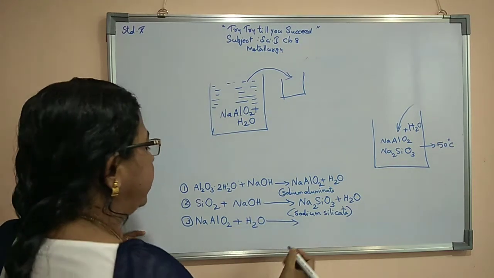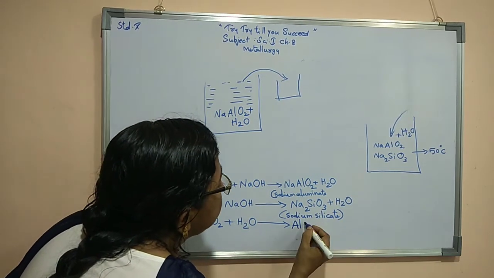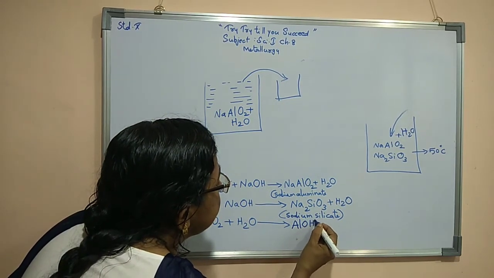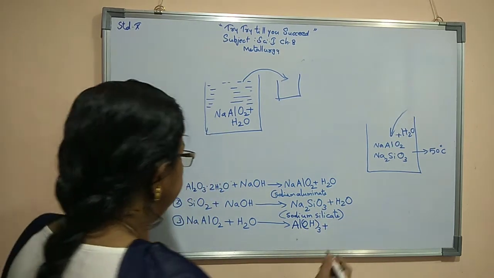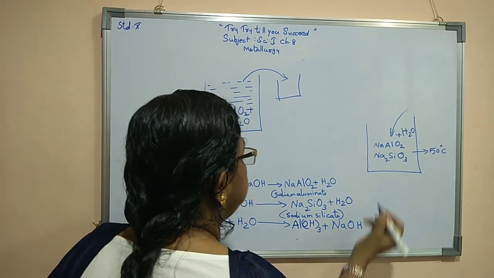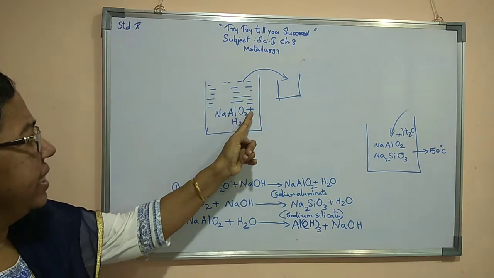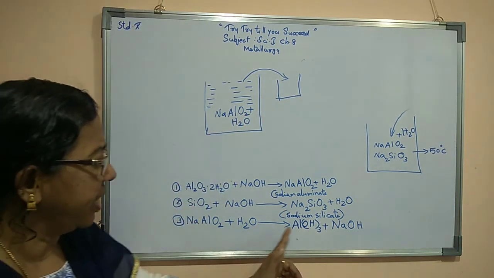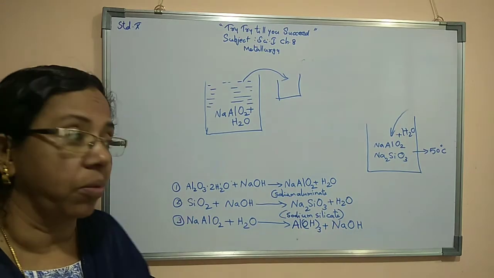As a result, aluminium hydroxide as well as sodium hydroxide will form. So here sodium aluminate reacted with water, and aluminium hydroxide as well as sodium hydroxide is formed.